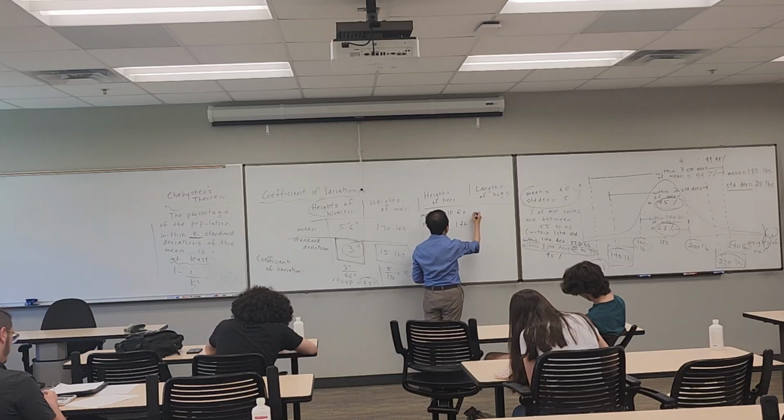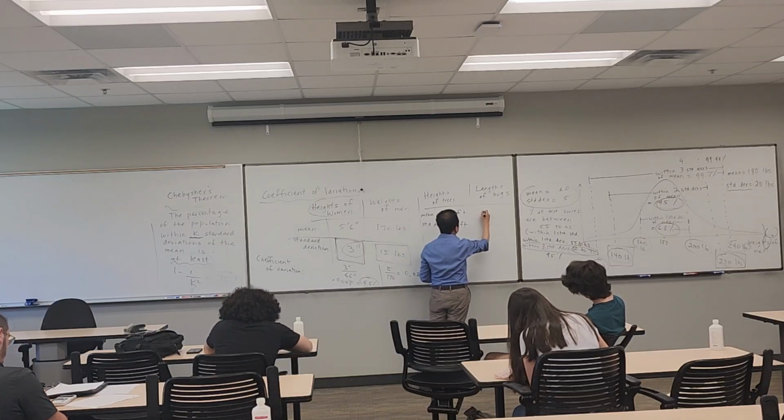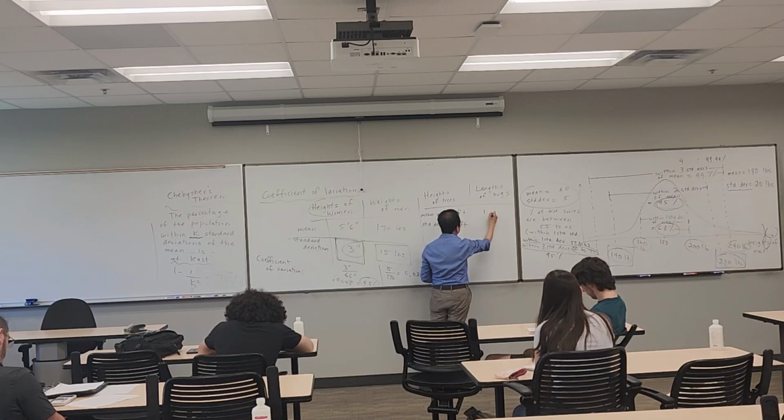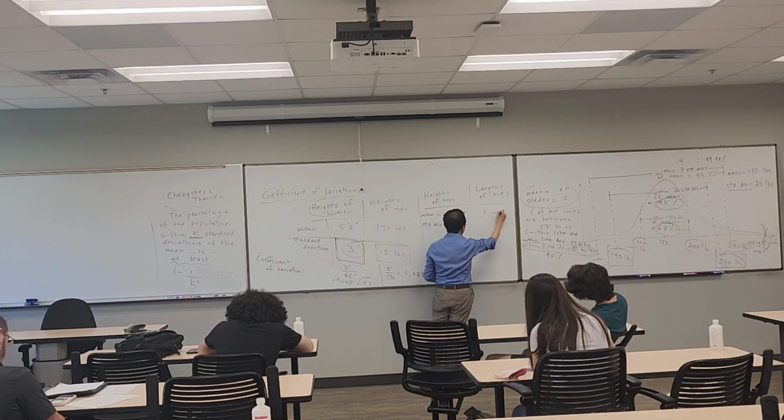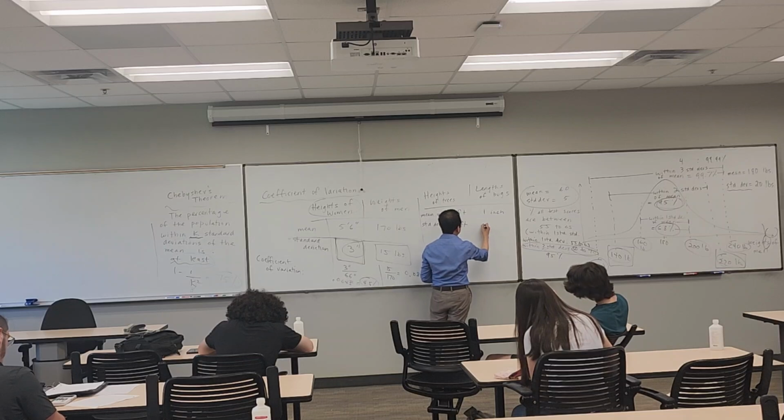Versus, let's say the average length of bugs, the mean is 1 inch, and the standard deviation is 0.2 inches.